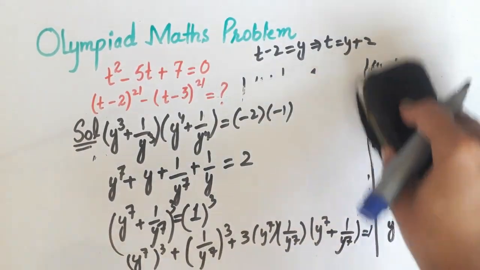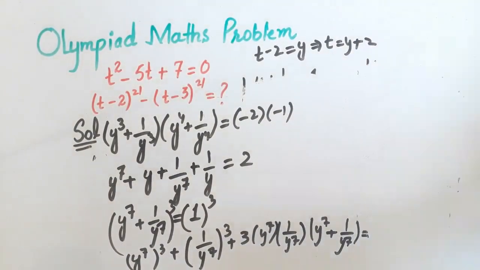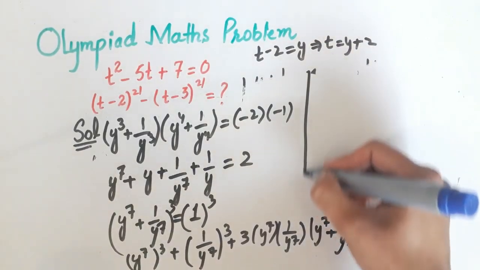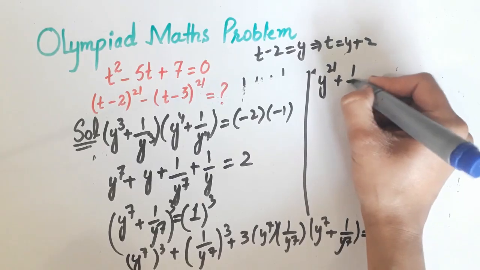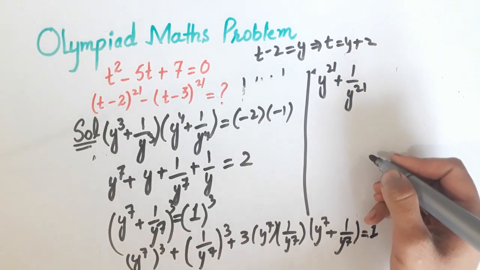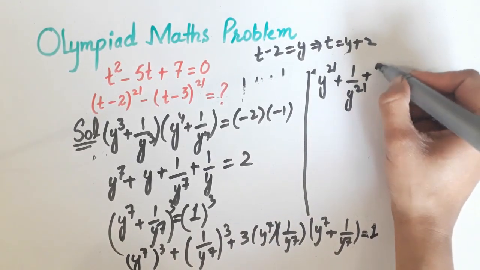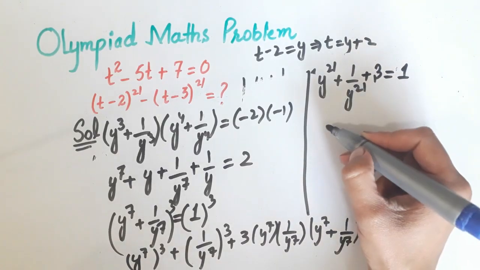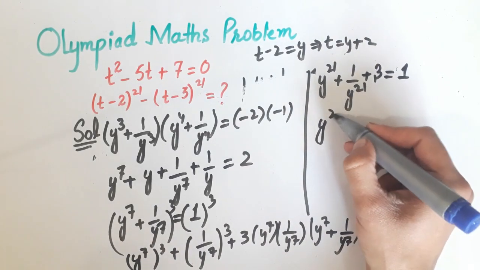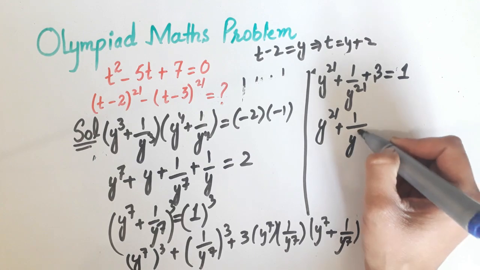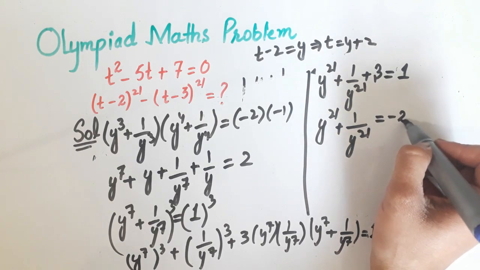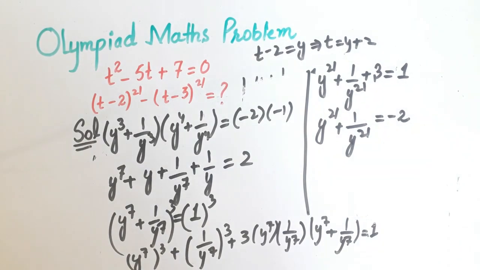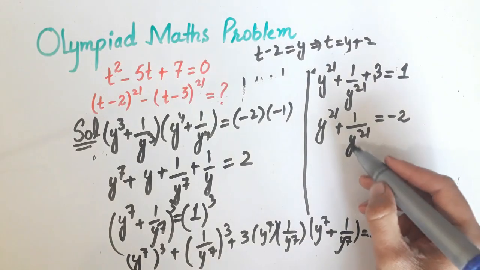So which implies we have y power 21 plus 1 by y power 21 plus 3 equals 1. So y power 21 plus 1 by y power 21 gives 1 minus 3, that is minus 2. So we have the answer of this y21.